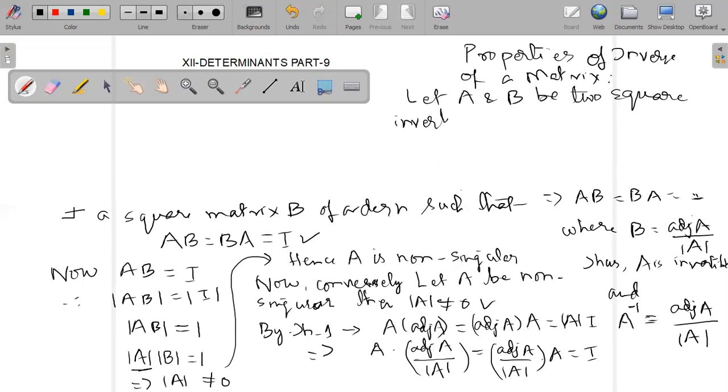We can find the inverse of square matrices only. Whatever the order is, it should be the same. Then these properties are followed.